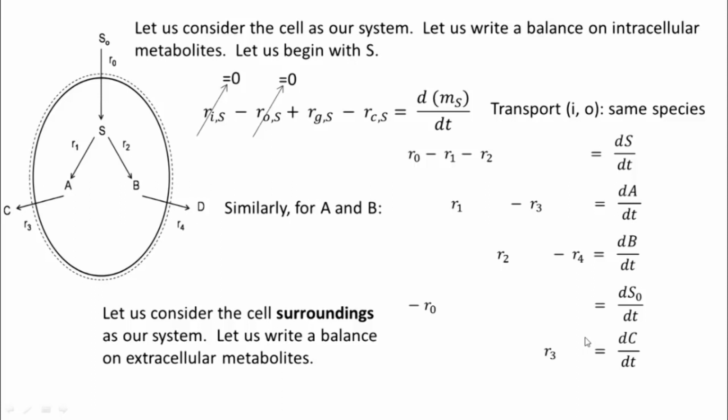Similarly, for D, it is being produced here. The generation term alone exists. In the case of the earlier one, there is no input, there is no output, there is no generation of S0, there is consumption of S0 through the reaction R0, which takes it to the other side, and therefore R0 is the consumption term.